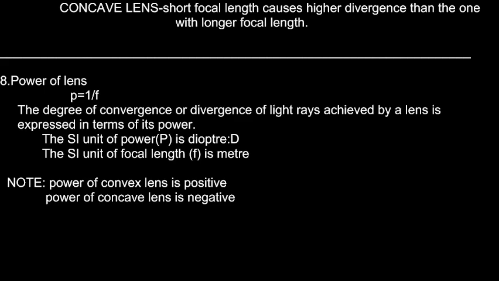The SI unit of power is the diopter, denoted by the letter D, and you know the SI unit of focal length is the meter. One more point here that helps you in solving problems: the power of a convex lens is positive, and the power of a concave lens is always taken as negative.